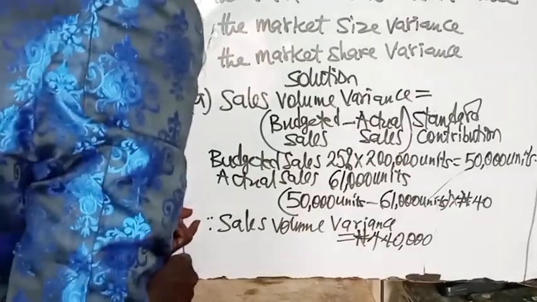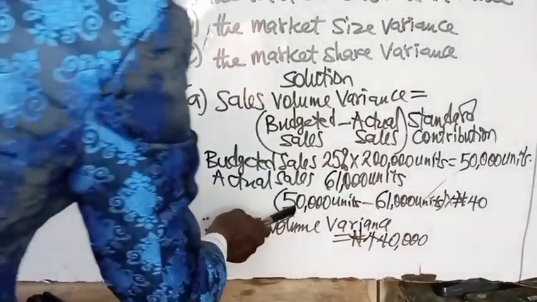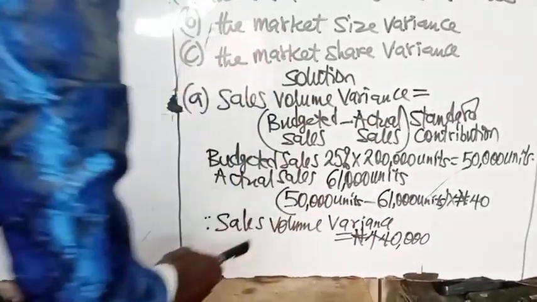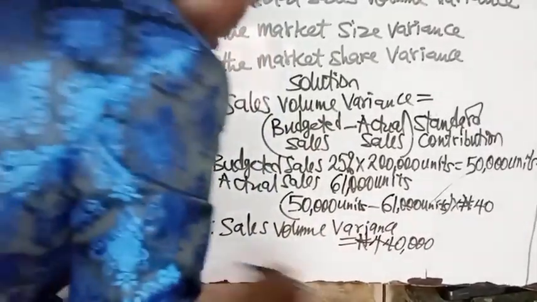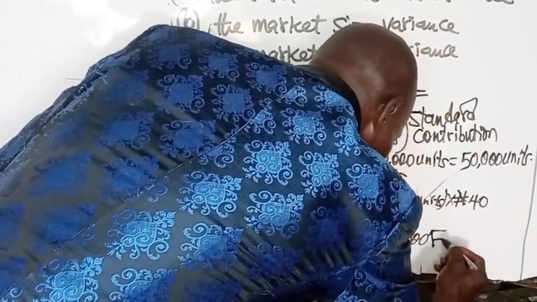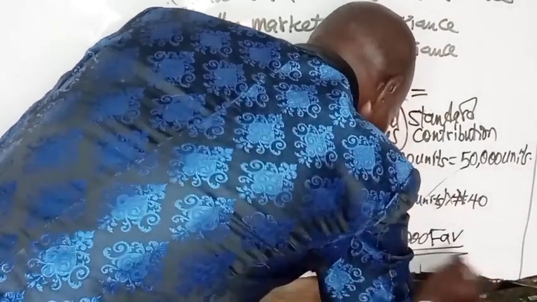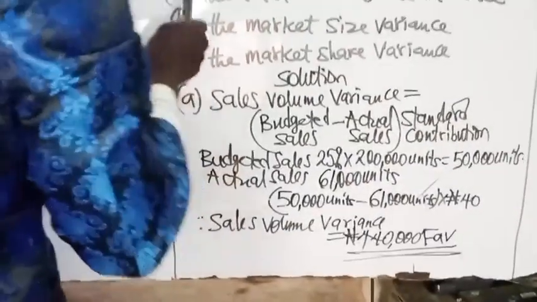Now, the actual sales volume is 61,000 and it's more than the budgeted sales volume of 50,000. The number of units sold is more than budget, so it shows that the variance is a favorable variance. So we have a favorable variance of 440,000 naira. That is the sales volume variance. That is the solution to A.